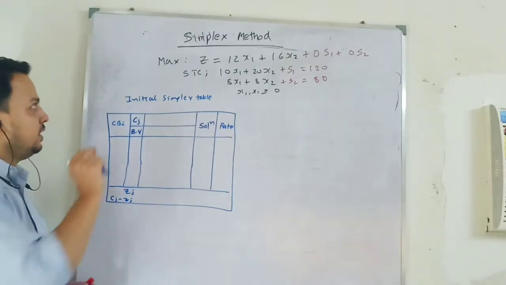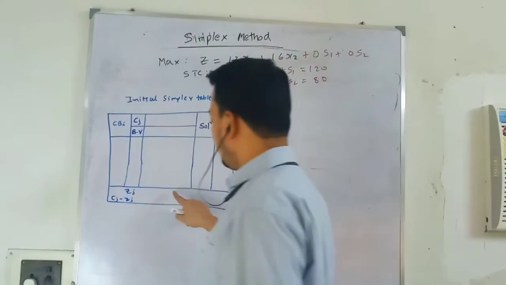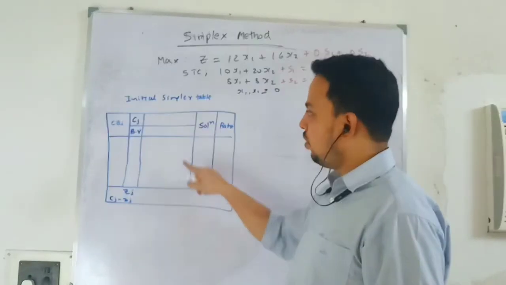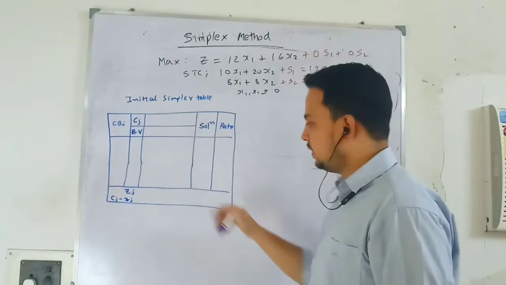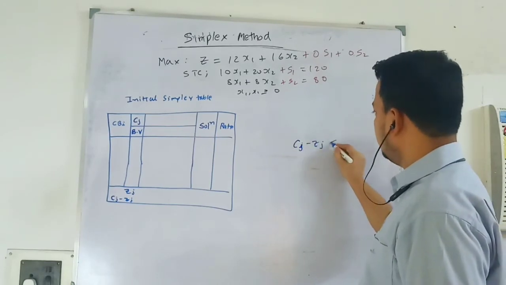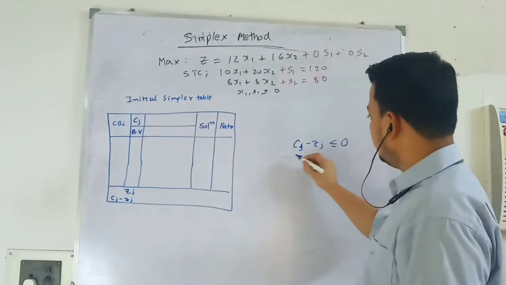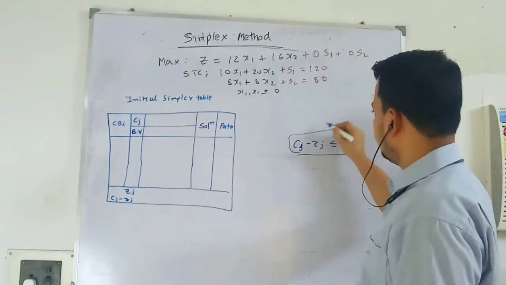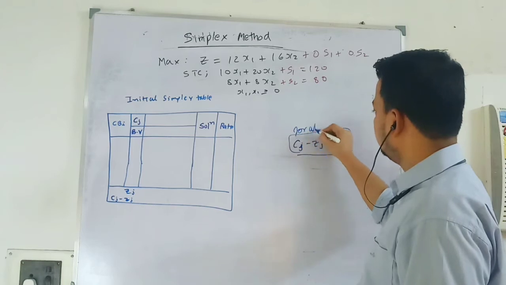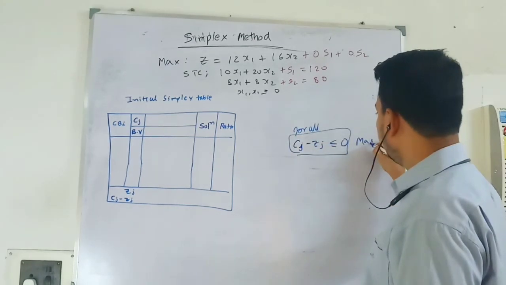In the simplex method, in the case of maximization, if I get Cj minus Zj less than or equal to 0 for every variable, then I am having maximization.